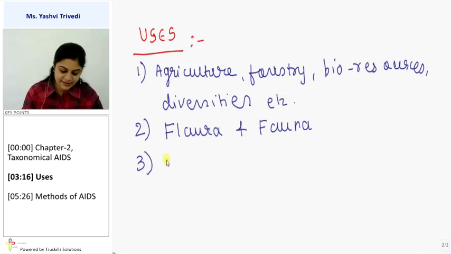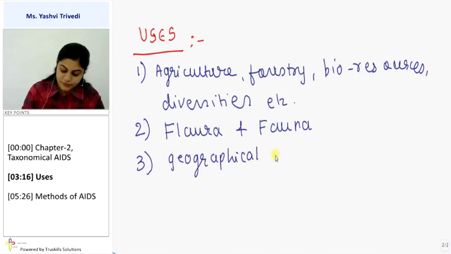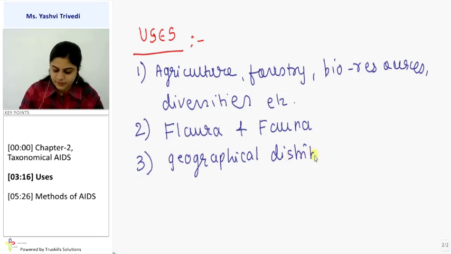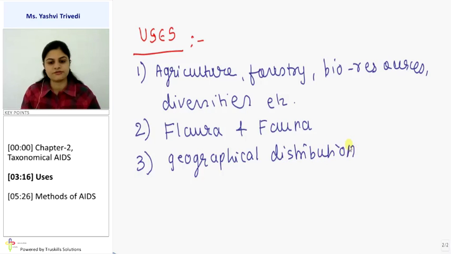Even we can study various geographical distribution which is there on the globe. If you go to different parts of the earth, you will get different types of geographical distribution in that area, and accordingly different types of bioresources available in that area. So we can get to know all those distributions.